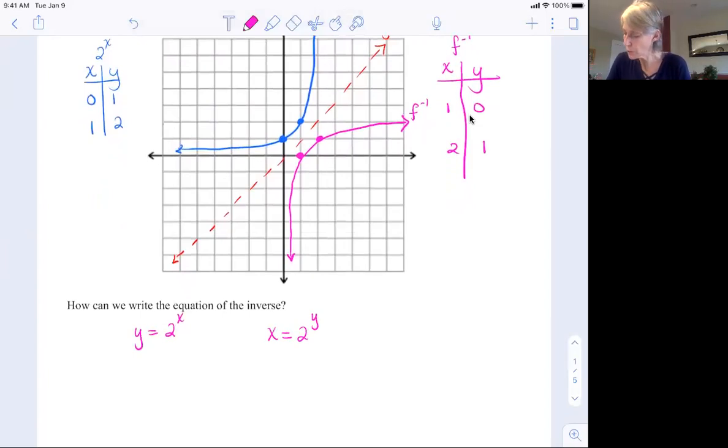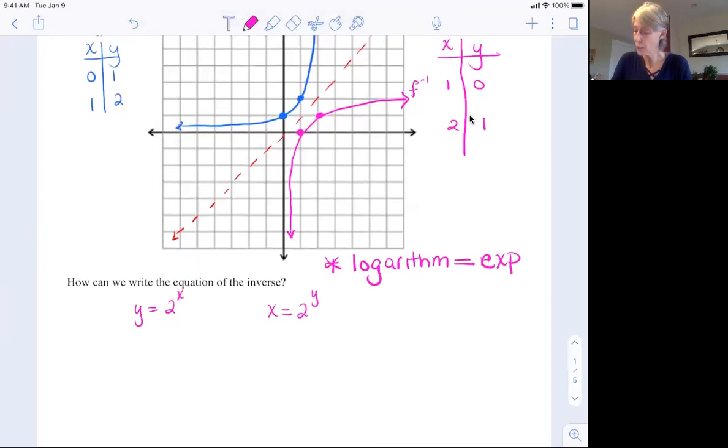Okay. So this is basically where mathematicians came up with this concept that the word logarithm means exponent. So a logarithm is a power. They use this concept to help them rewrite these equations. So I'm just going to write it here real quickly.